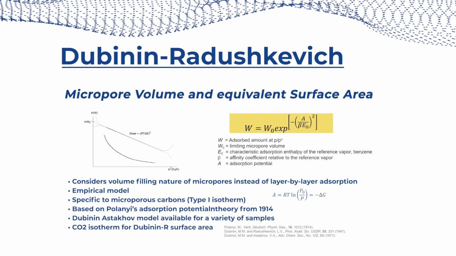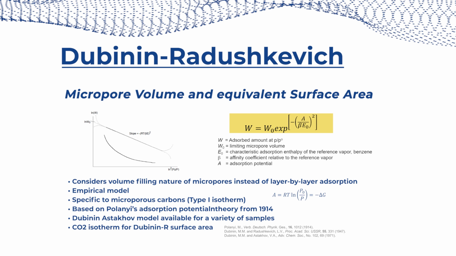The experimental isotherms can be plotted as a natural log of W against a square natural log of reciprocal relative pressure, as shown on the upper left graph. A linear regression analysis can be performed where the micropore volume and its equivalent surface area can be derived from the y-intercept of this straight line.